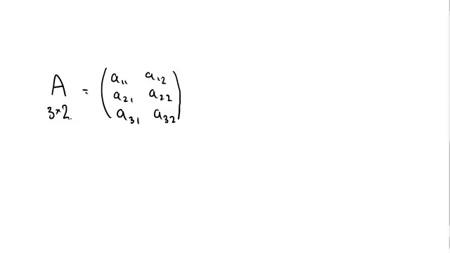We can make this notation even more general. If I want to say that A is an arbitrary n by m matrix, so that it has n rows and m columns, I can write it like this. I begin at the top left writing a_11. That's a variable representing the first element. Then comes a_12.